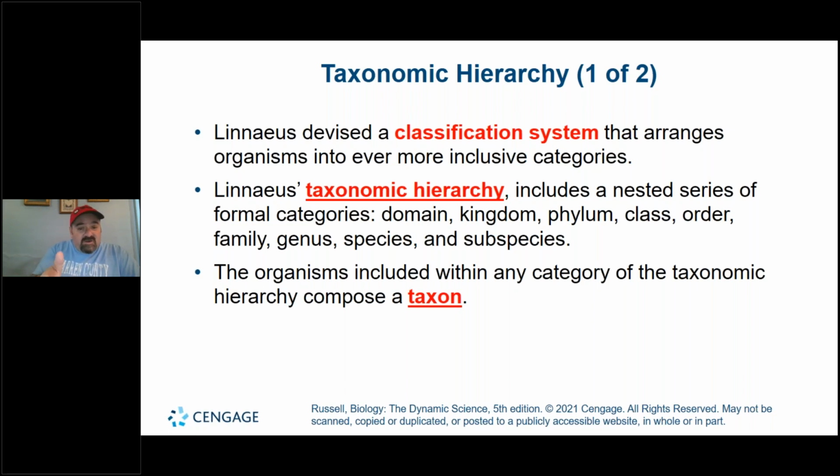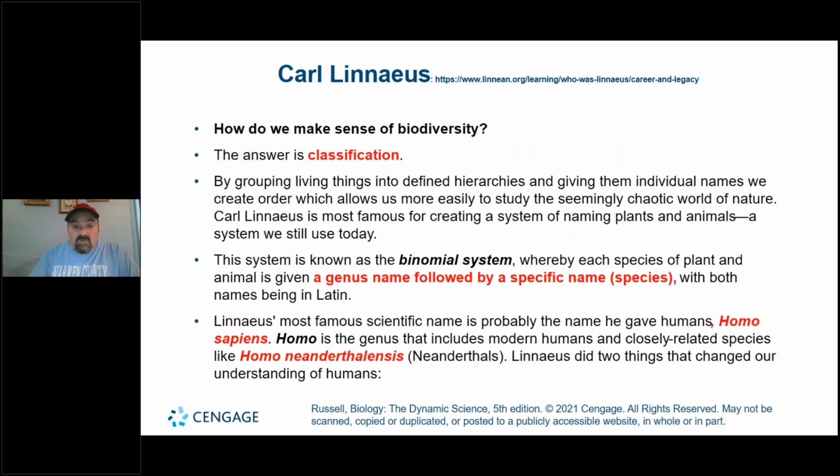You'll see we start off with the domain, which is very broad, and we get to the species and the subspecies, which is very narrow as far as the criteria to be represented by that specific type of group. Okay. I posted this to help you a little bit regarding Linnaeus.